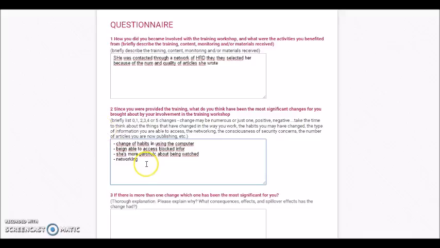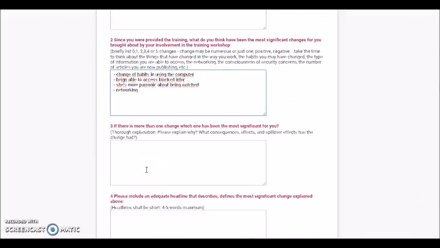Because for the next question, what we want to find is the most significant change for this person because of the training she was attending. And therefore, in this case, we don't want a thorough explanation. So let's say that the most significant change for this person was the networking. Then here we will need to go through that most significant change.